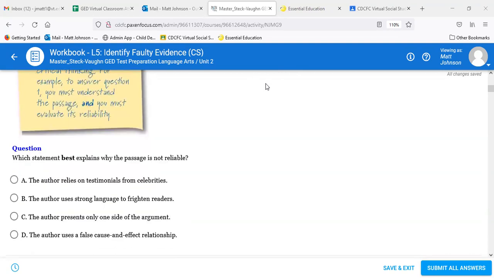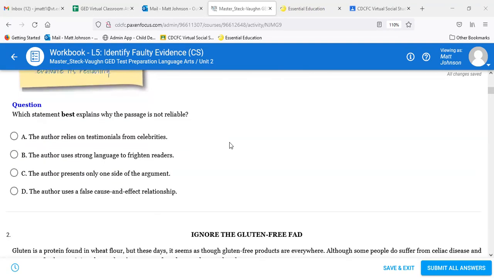Okay, so let's look at question 1. How about Tracy? Can you read question 1 for us and answer? Yes. Which statement best explains why the passage is not reliable? A, the author relies on testimonials from celebrities.